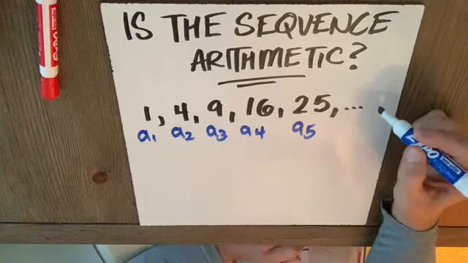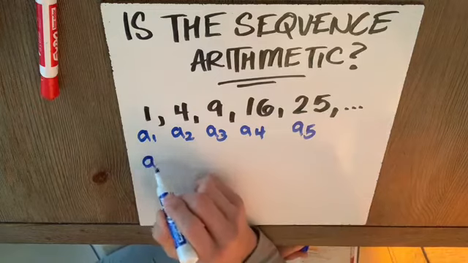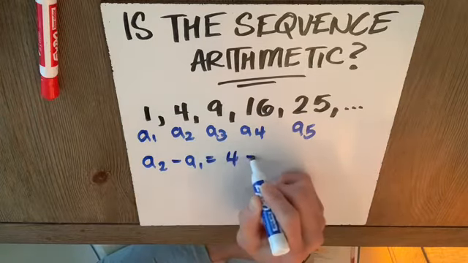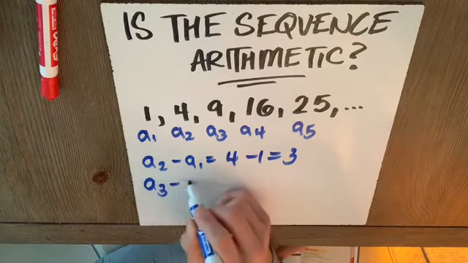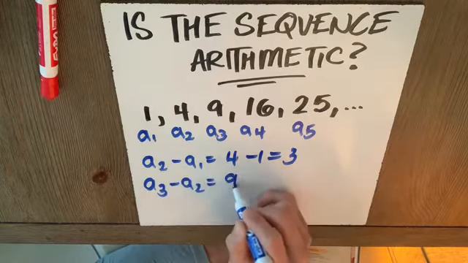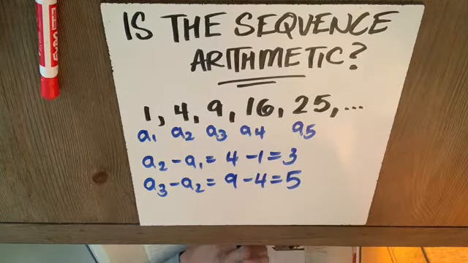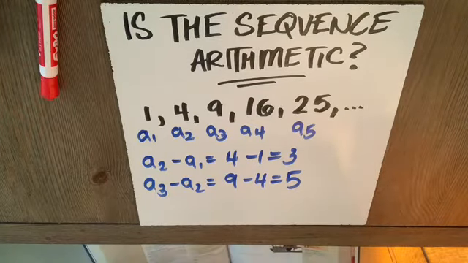So to answer this question, is the sequence arithmetic, I'm going to check out A2 minus A1, and I see that's 4 minus 1, which is 3. And then I'll look at A3 minus A2, which is 9 minus 4, which is 5. Notice those two are not equal, so we do not have a common difference, and the sequence is not arithmetic.